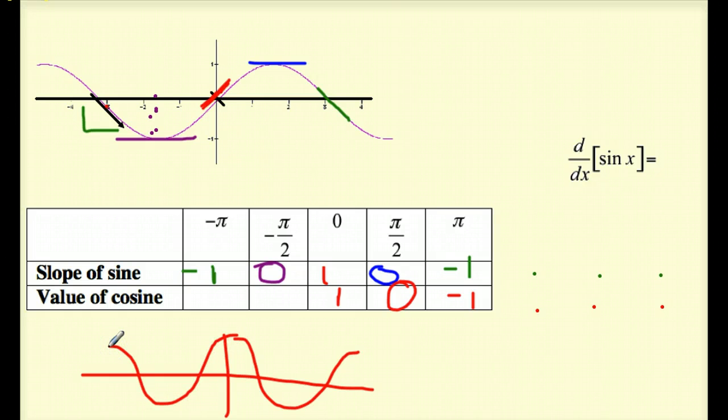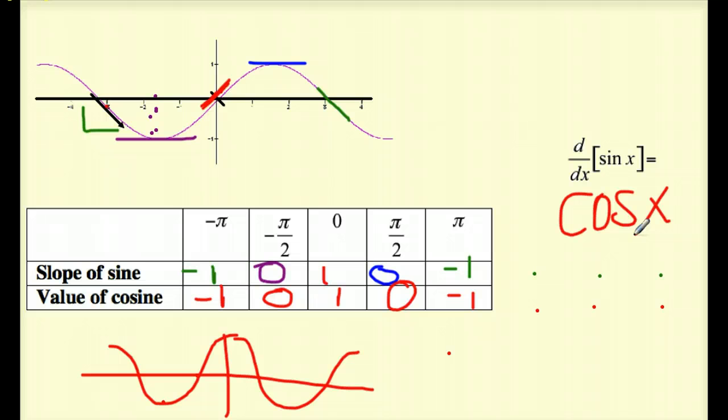If I go the opposite way, negative pi over 2 is equal to 0, negative pi is equal to negative 1. So by comparing these two rows, you can see that the slope of sine is the same as the value of cosine. So what we say is the derivative of sine is actually equal to the cosine of x.